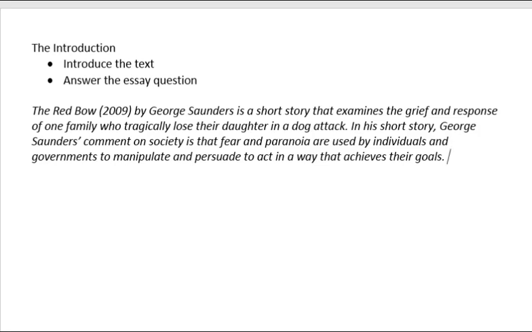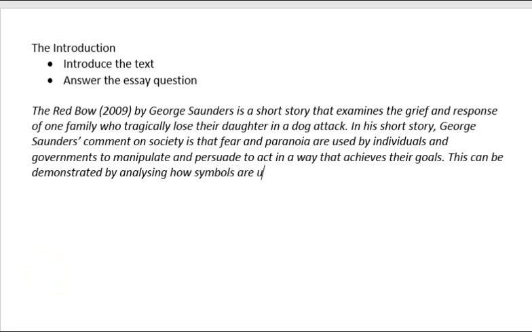Okay, now I've talked about what the comment on society is. Now I need to state that we're going to analyze how three symbols demonstrate this comment on society. So this can be demonstrated by analyzing how symbols are used to support this comment.